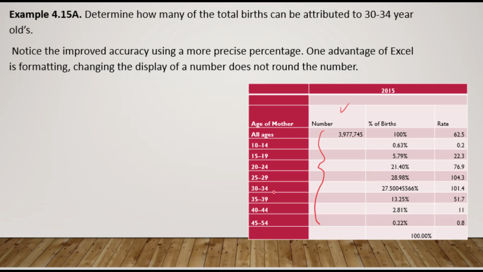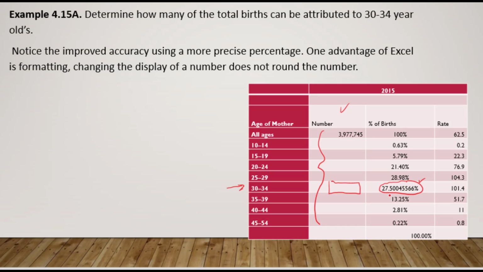But what we're going to do for 30 to 34-year-olds, we're going to try to find this number, which is how many births, the number of actual births that were attributed to 30 to 34-year-olds. And you noticed I did improve the accuracy here so that it's a very accurate number, right? And it's really difficult to work with pen and paper, but with Excel it's very easy because Excel is going to keep just dozens of digits beyond the whole number.